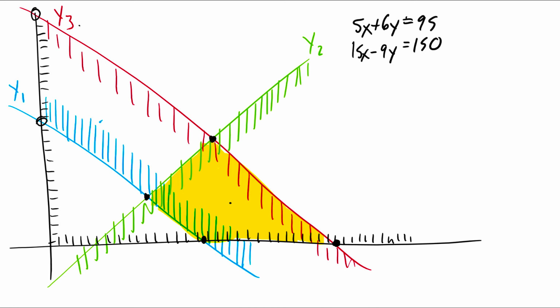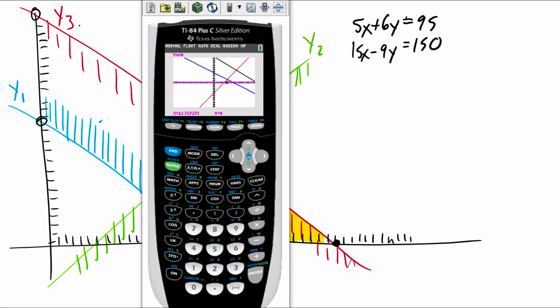So those are the lines, not the inequalities, but that's y1 and y2. And so if we want to find the x and y value those two have in common, well, this is something that you're probably familiar with. It's something we've done a number of times in this course before, and that is we're trying to solve a system of equations. So we will take our calculator.